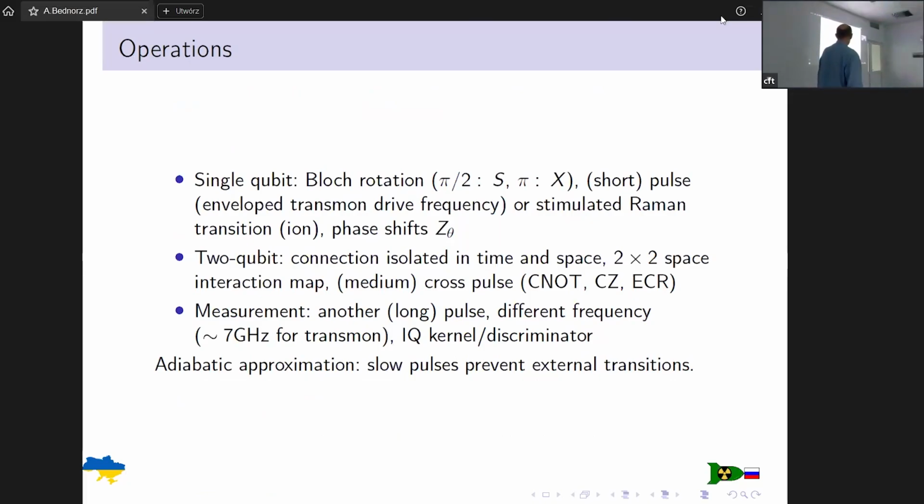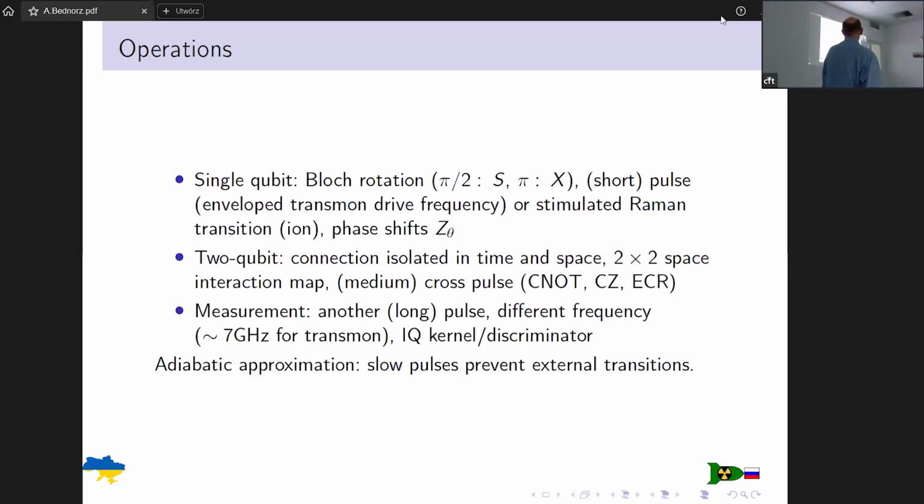And you can make some phase shift, because it's a complex number, so you can make some shift between the cosine and sine components. For ions, it's a bit mysterious because IonQ, for example, does not show its technology, but in some papers they mention stimulated Raman transitions, so two lasers of different frequencies.